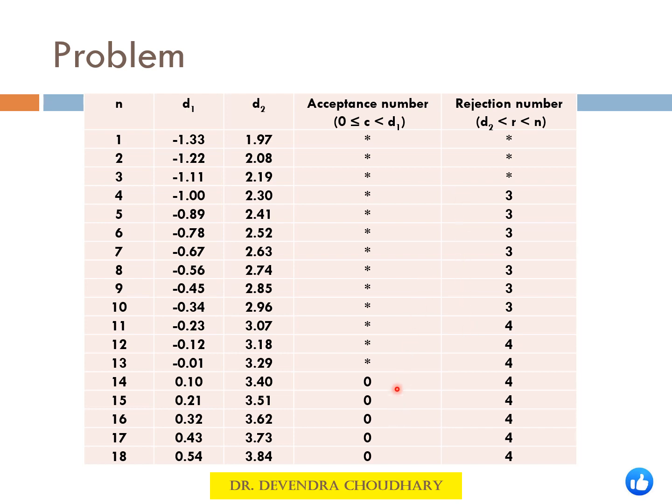But to accept this lot, if you get no defective up to the 14th sample, then you can accept it. Or if you see after the 10th sample, if your combined defectives are more than 3, then this lot is to be rejected.